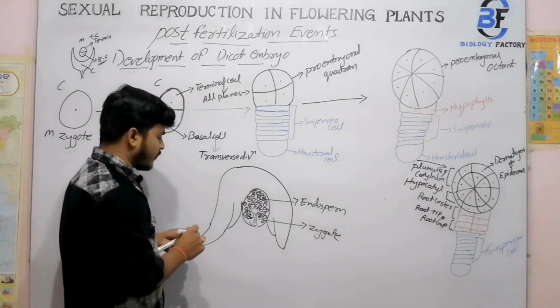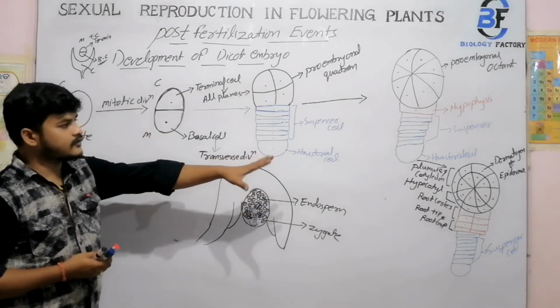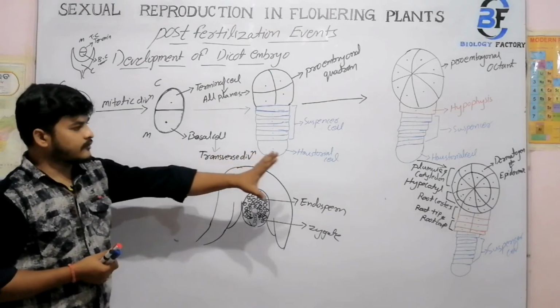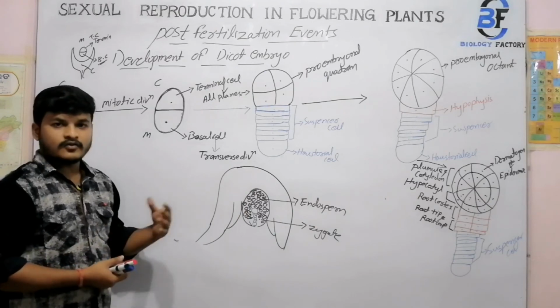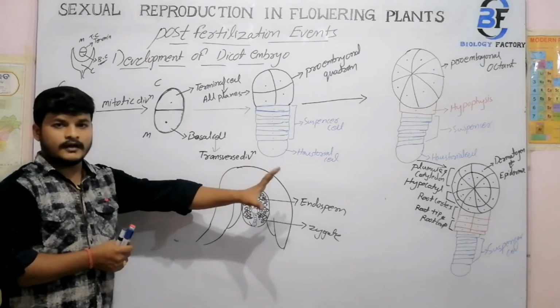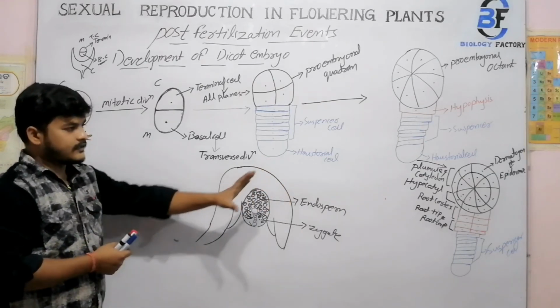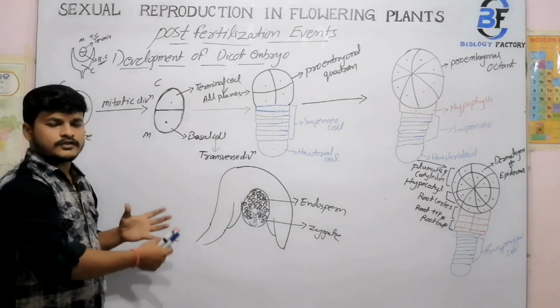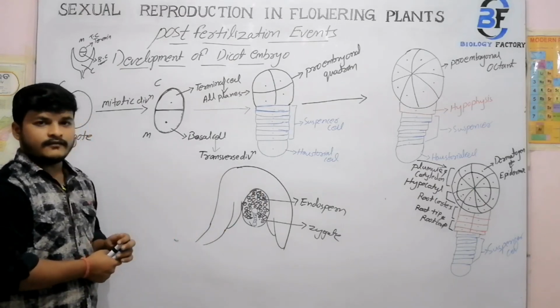So it is the main function of your suspensor cell, and we continue these topics towards the globular stage. In our next class, we will continue other stages, and how the changes take place. This is the globular cell. Next, the heart-shaped stage and other structures are going to form. So I hope this class is helpful to you. Thank you.